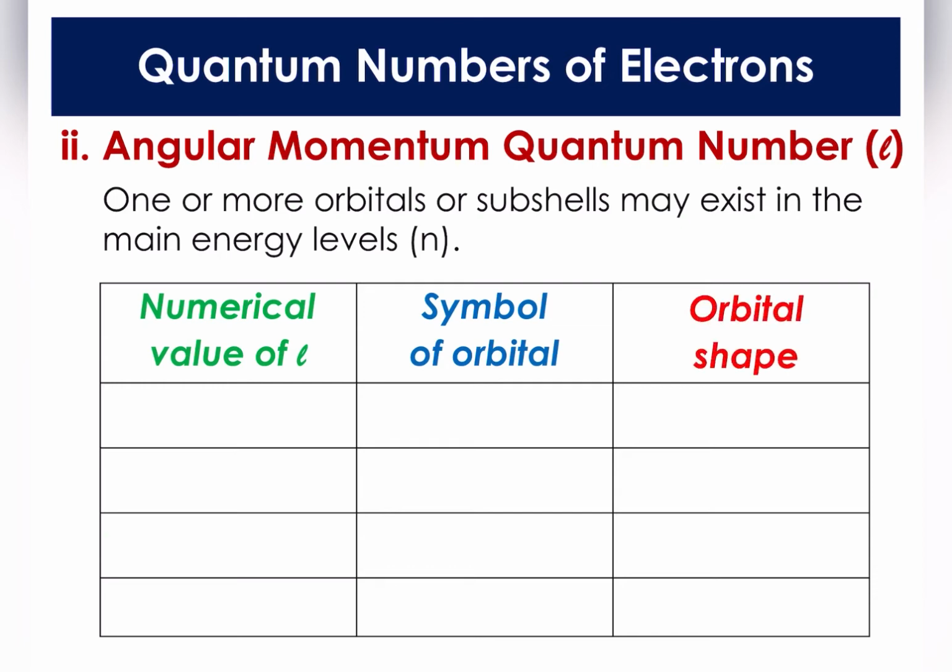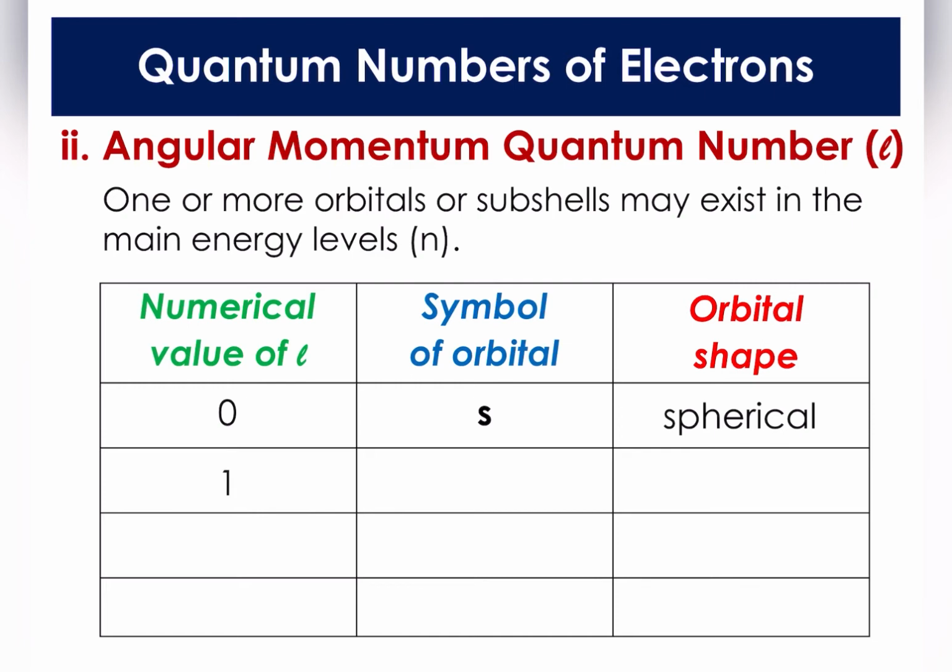So kita akan lihat sekarang secara general macam mana saya nak tentukan shapes of the orbital daripada nilai L. So ini adalah yang awak perlu fokus dekat sini. So for example, I start with 0. My symbol is S. And then orbital shape adalah spherical. Ini general, memang awak kena hafal. Memang dia dah bagi nilai, dia dah bagi simbol, dia bagi shape. Awak memang kena hafal.